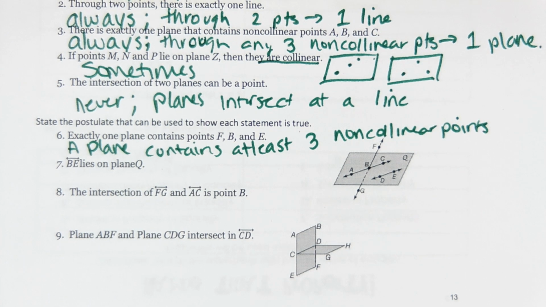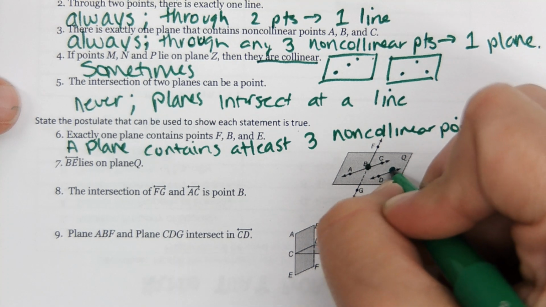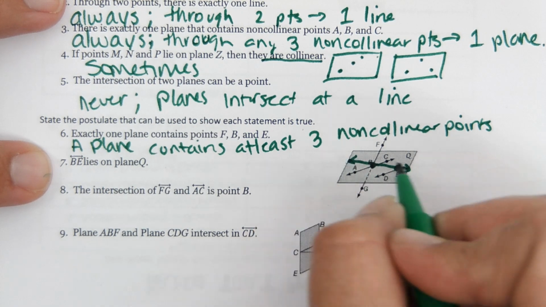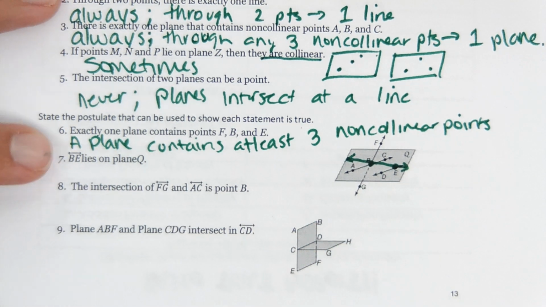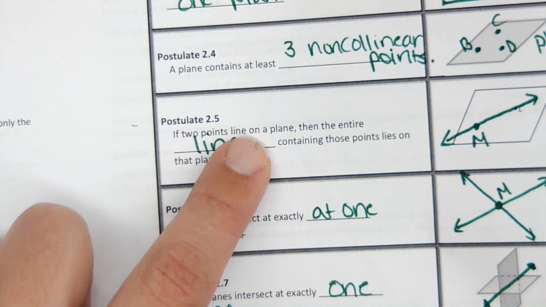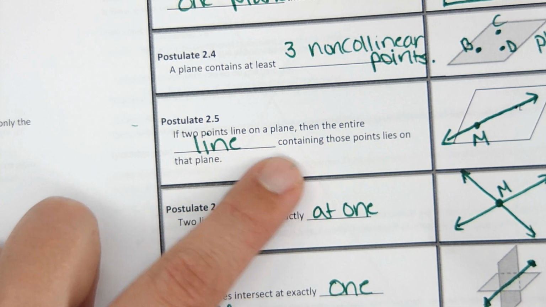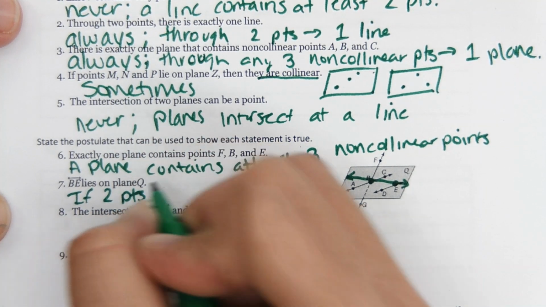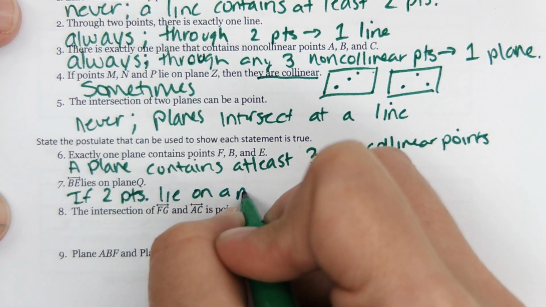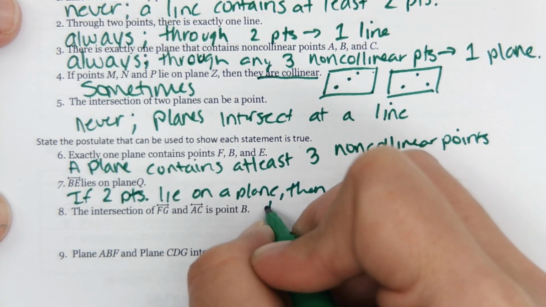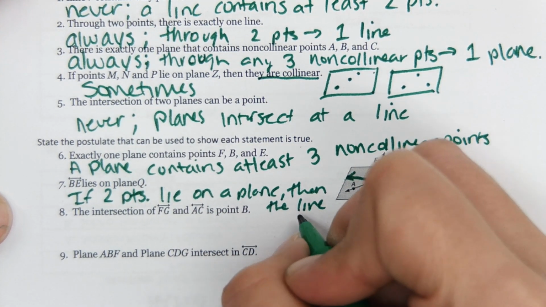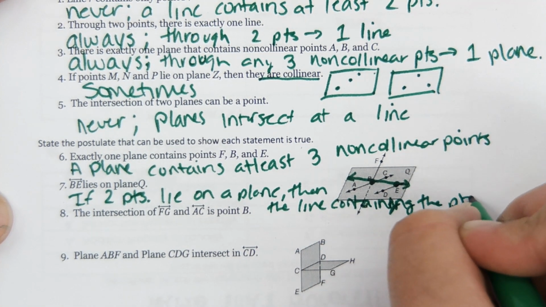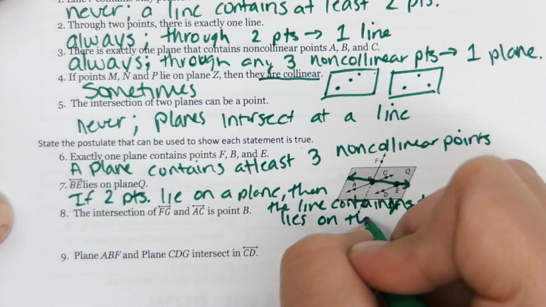Number 7, line BE. Well, they show points B and E, line BE lies on plane Q. So if we were to draw this line, yes, it lies on plane Q. And the reason is if 2 points lie on a plane, then the entire line containing those points lies on the plane.